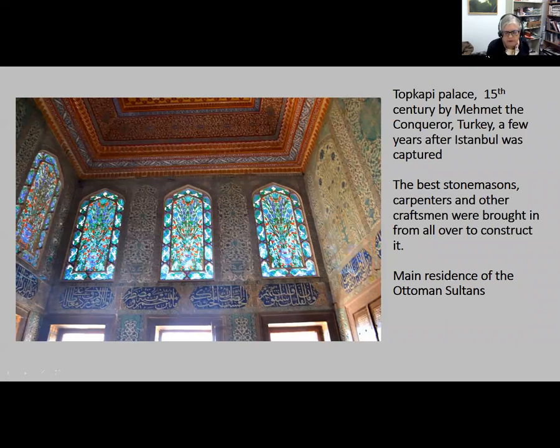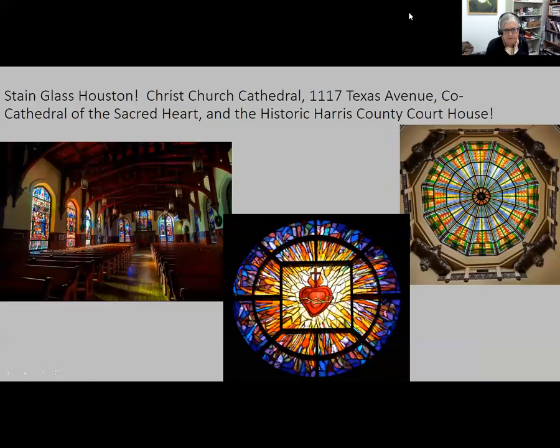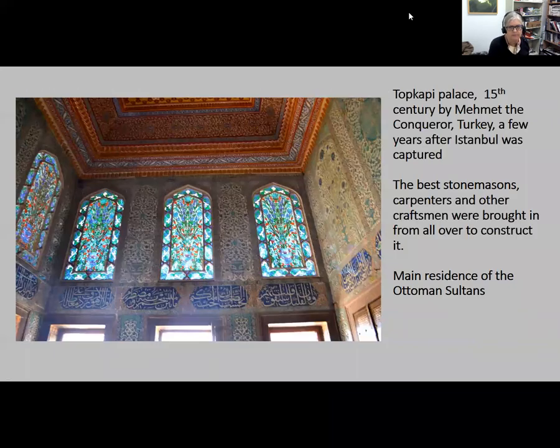So apparently, God, I wish I could go there, the most beautiful stained glass in the world is in Turkey at the Topkapi Palace, and this was a palace created for Mehmet the Conqueror a few years after Istanbul was captured.